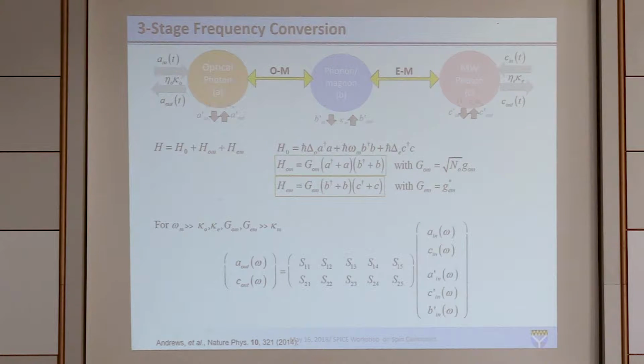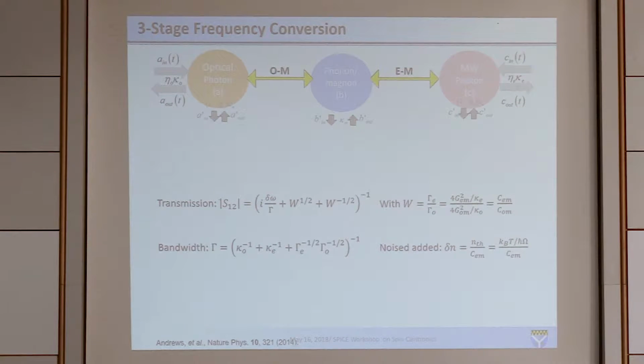You can work out the input-output. I'm just giving you the result. S21 or S12, which describe the transmission of this coupled system from here to here or from here to here. And that is actually a very simple Lorentzian transmission shape.